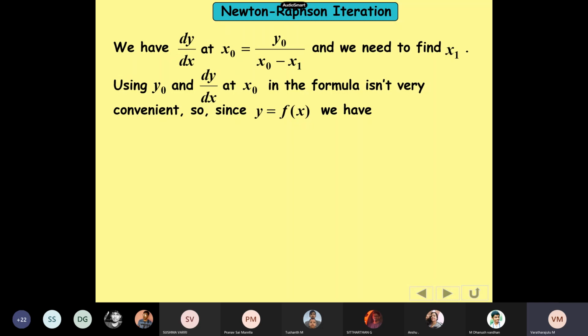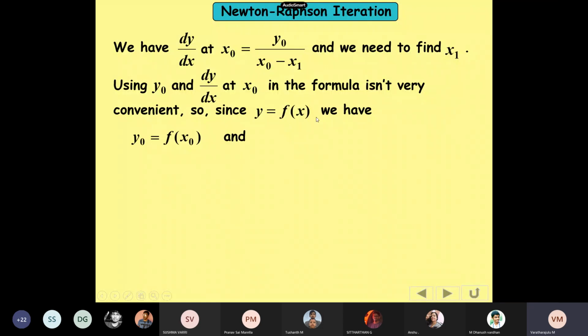Continuing further, using y naught and dy by dx at x naught in the formula is not very convenient. So let y be equal to f of x.